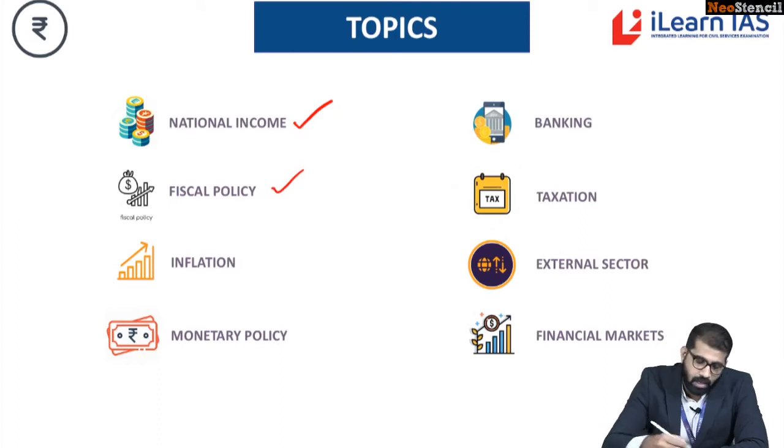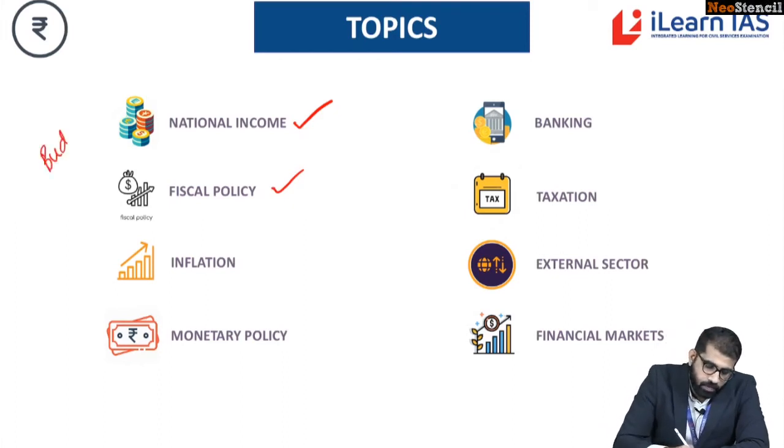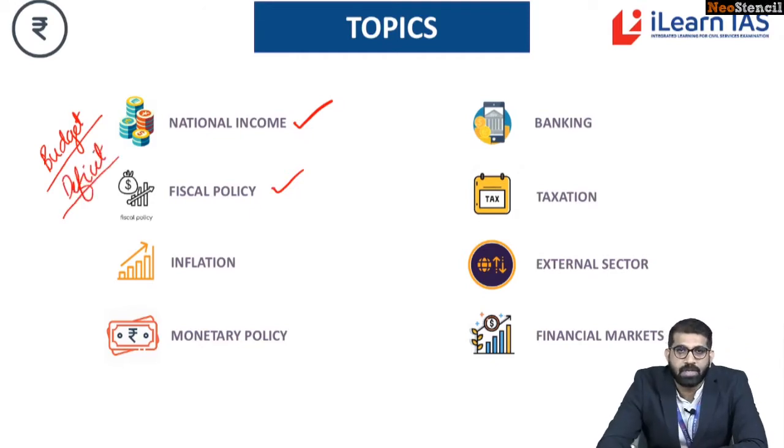Next is fiscal policy. Here we'll be dealing with the government budget. We'll be dealing with the deficits such as fiscal deficit and revenue deficit. You often see all these things in the news and find it difficult to understand what these deficits actually mean.